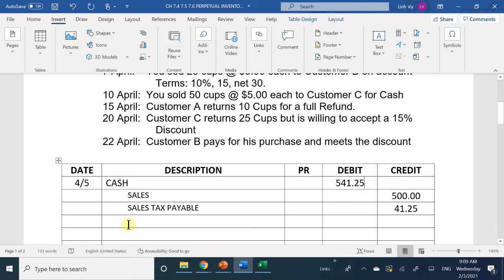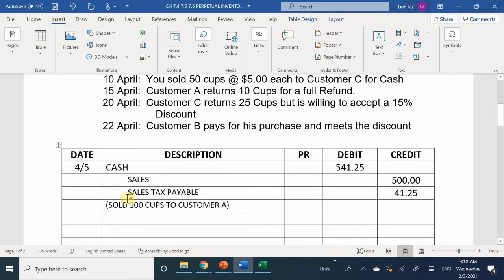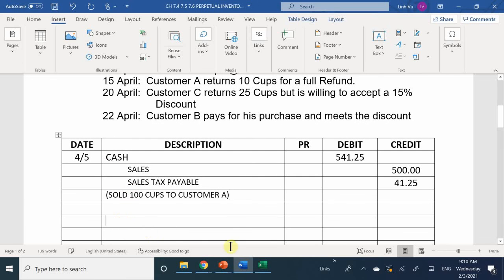And then I'm going to make a note here that I sold 100 cups to customer A. What else do I have to recognize? Inventory, cost of goods sold. You have to remember.